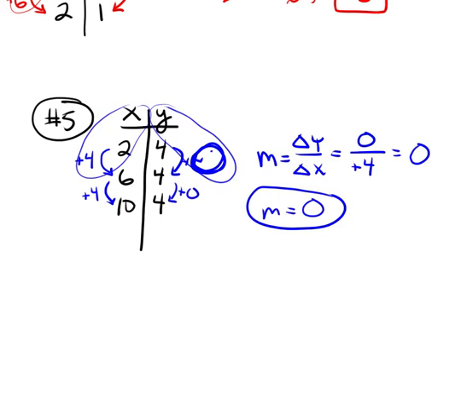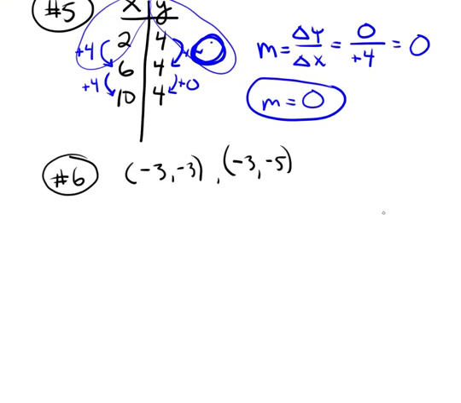Now comes the trickier one. So for this one, number 6 example, we'll be given it as a coordinate pair. So -3 comma -3 and -3 comma -5. So I'm going to create a table for this.